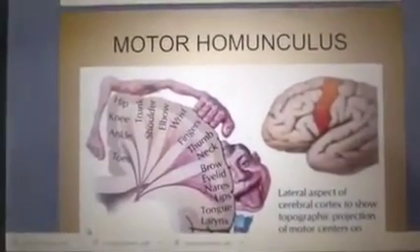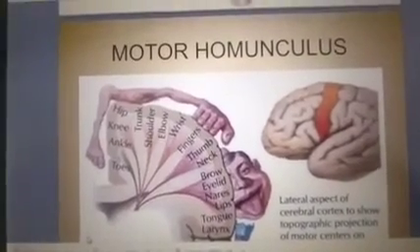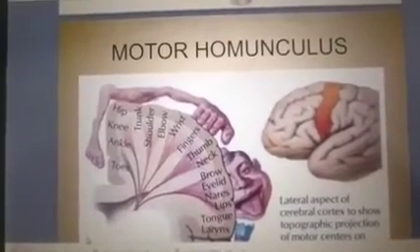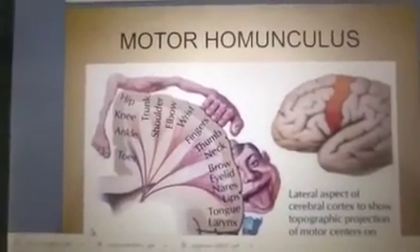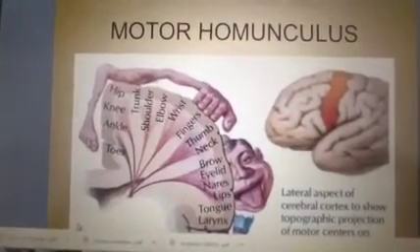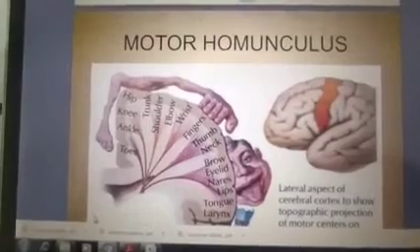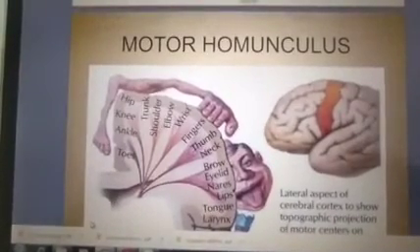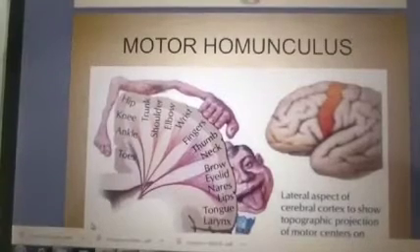Now if you see the normal motor homunculus in the body, as we all know, according to the function the homunculus has been described, not depending on the area which is involved. So you can see the toes, then ankle, knee, hip, trunk, shoulder, elbow, wrist and fingers.